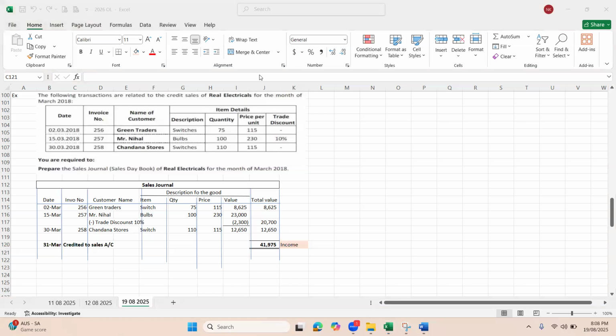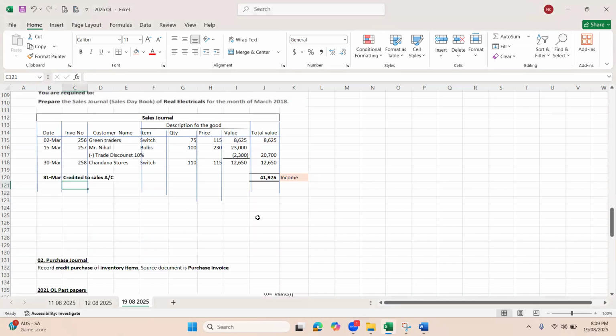Very good. Anything to clarify? Right. Okay. Very good. So then sales is an income. Income increases, what we do? We do debit. Sorry, credit.